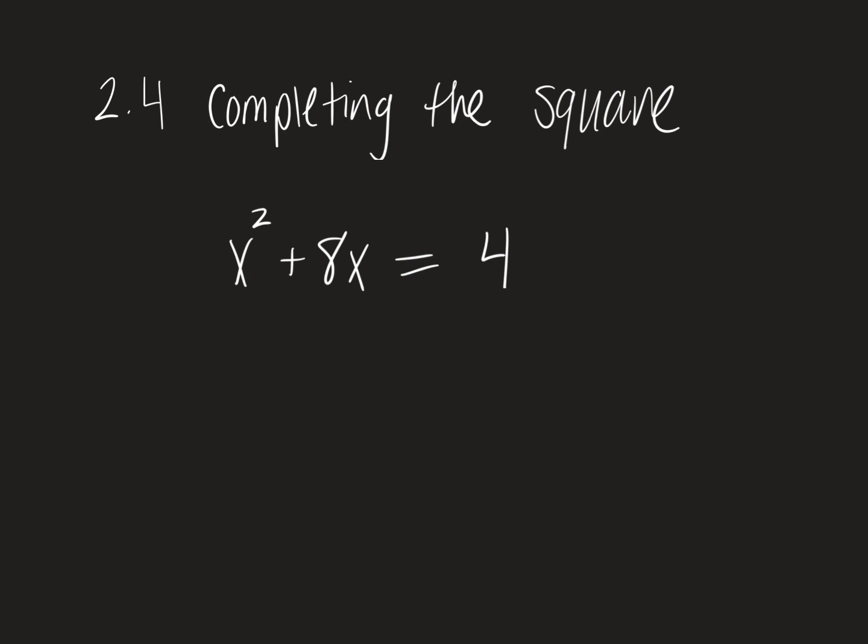Okay. Also, before you start, you need your constant term on this side. You also do not want anything in front of your squared term. So if there was a number here, you would need to divide your entire equation by that number. We'll do an example like that in a minute, but we'll just start here.